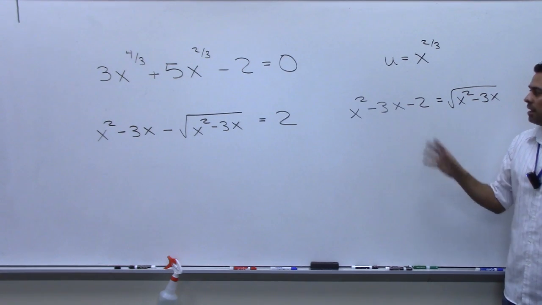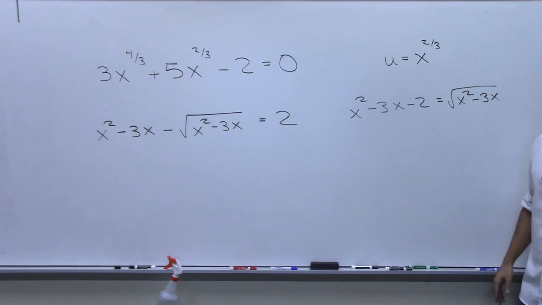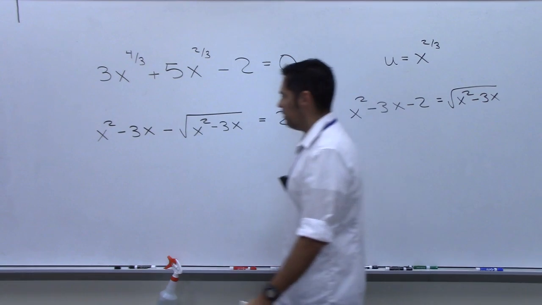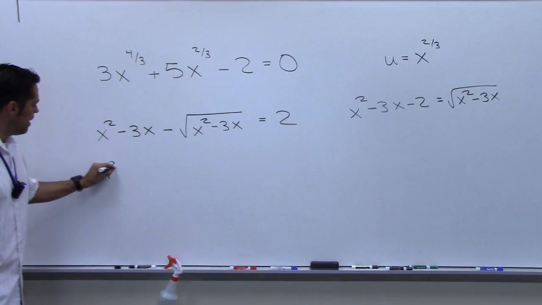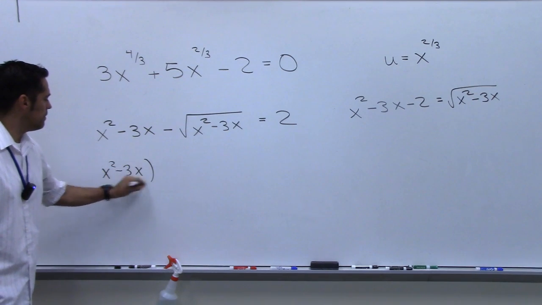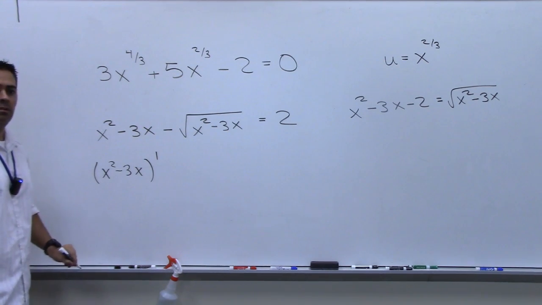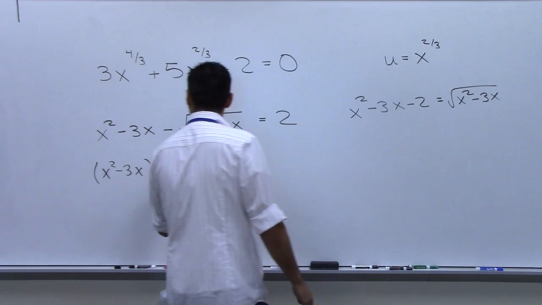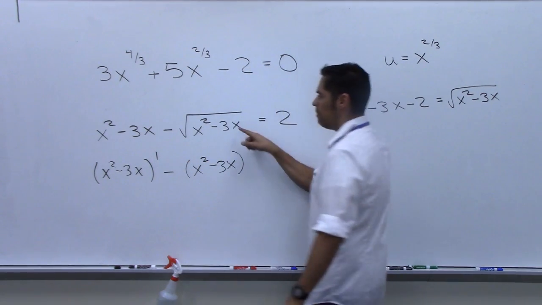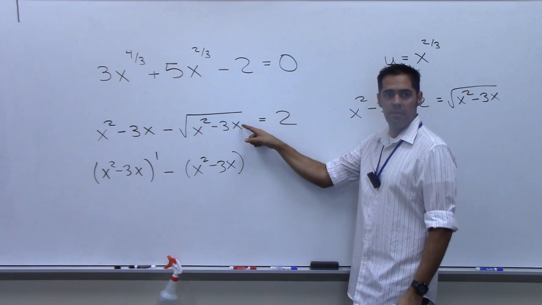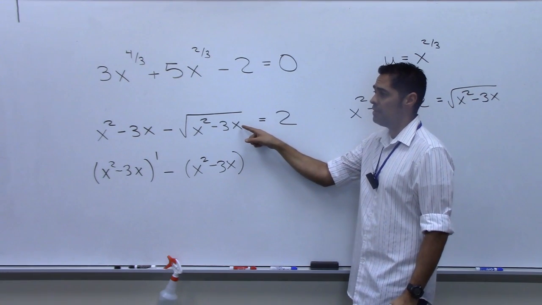That's going to be a mess. It's better if you're able to recognize that this right here is x squared minus 3x to the first power, and then minus x squared minus 3x to what power? Half. The square root is the same as the half power.